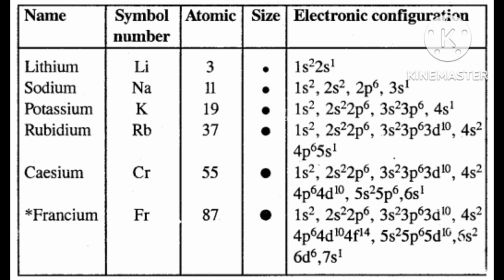Less energy will be required in removing the last electron of the outermost orbit. Ionization energy decreases down the group from lithium to cesium.